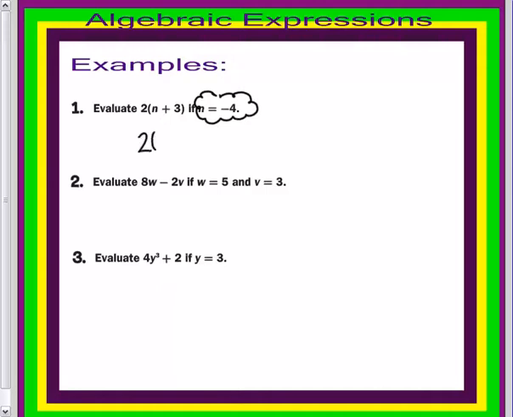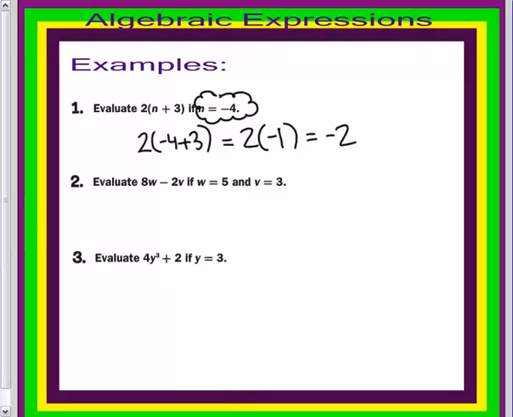So 2 times -4 plus 3. Oop, I closed my parentheses too soon. Plus 3. There we go. Okay, so how do we solve this? Well, we know that 2 would stay on the outside, and we do what's on the inside. A -4 plus 3 would be a -1, so the answer would be -2.